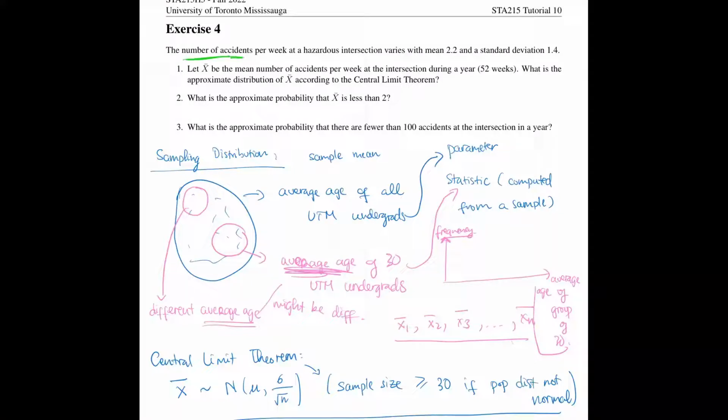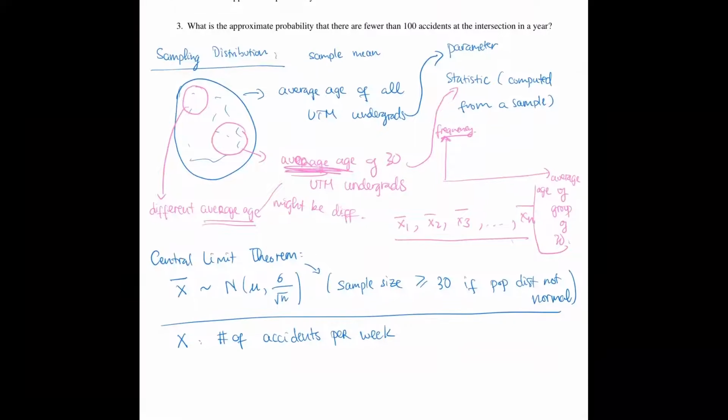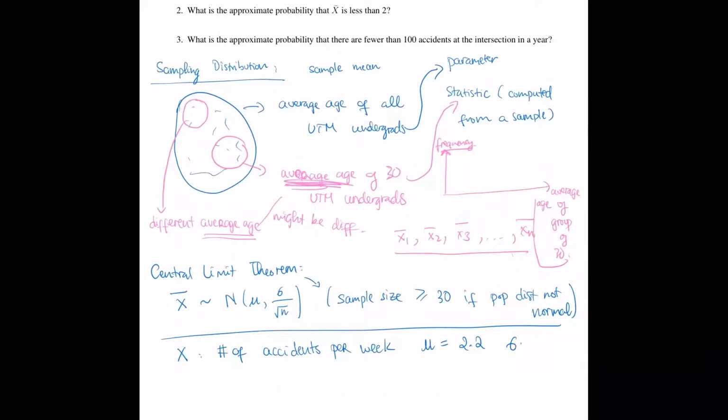Look at this, they don't give us the distribution for the population. They just tell us that it has this mean and this standard deviation. So we will write, we know that the mean is 2.2 and the standard deviation is 1.4.